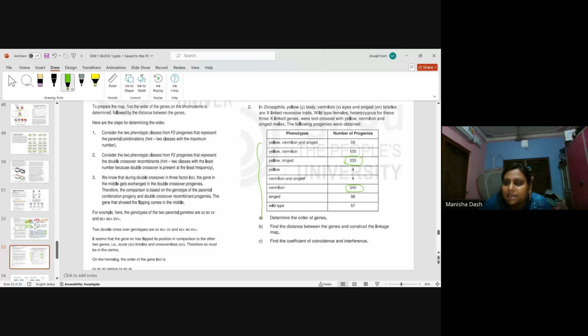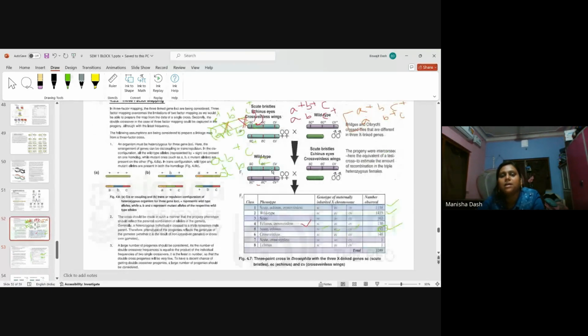So it means these two are the parental genotype. Because if you observe here, if no crossover occurs, the chromosomes will move like this. So most of the gametes will have only this genotype. Either they will receive plus plus plus, or they will receive SC, EC, and EV like this.